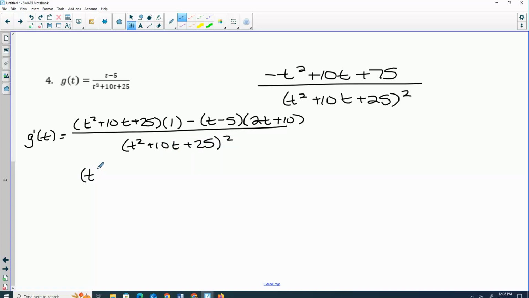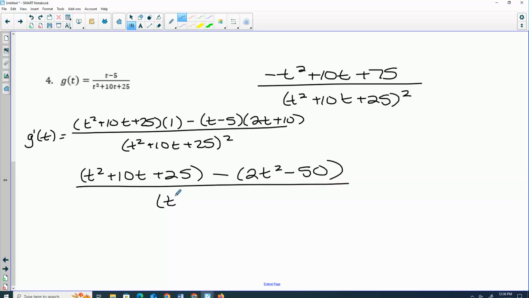So if we multiply the top, 1 times it is itself, minus, if we FOIL, plus 10t minus 10t cancels. That's 50. And if we distribute this negative, positive t squared and negative 2t squared is negative t squared, plus 10t and 25 plus 50 is 75.